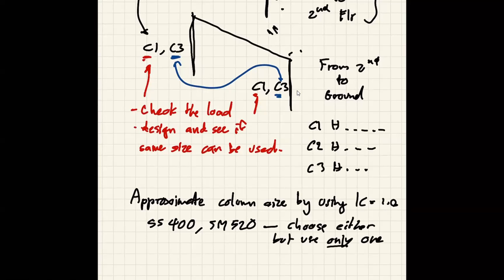Okay, that means if you decide to use SM520, you use SM520 columns for every column section. Okay, you don't say, C1 I'm going to use SS400, and then C3 I'm going to use SM520. Don't do that, because in the real world it will be impossible to construct. All right, it will be quite confusing.